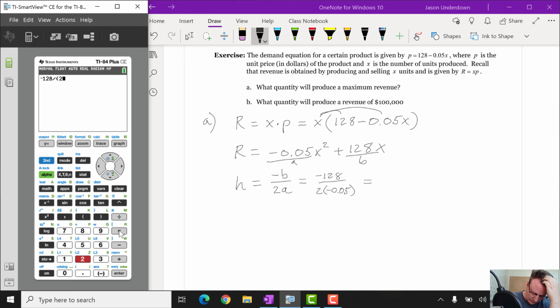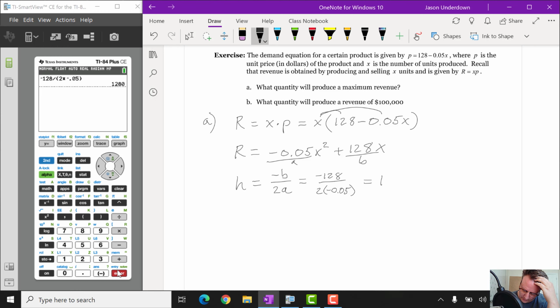What is that? So I have negative 128 divided by, parentheses, 2 times negative 0.05. Close those parentheses. Okay, it looks a little funny, but yeah, that's correct. So enter. So we get 1280. Okay.